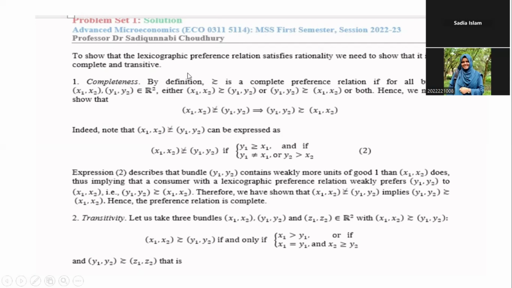It doesn't mean that it will not be complete if they are equally preferred to each other. Completeness means that Y is weakly preferred to X, or X is weakly preferred to Y. We have to choose one bundle over another bundle. We never choose each bundle simultaneously.